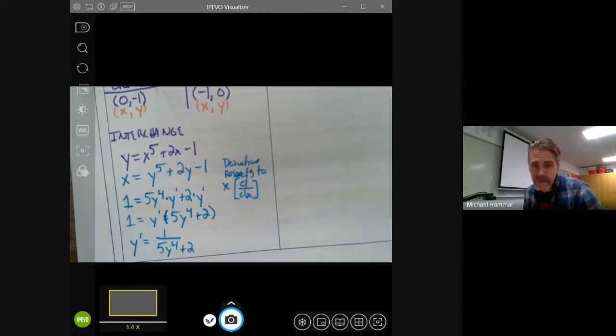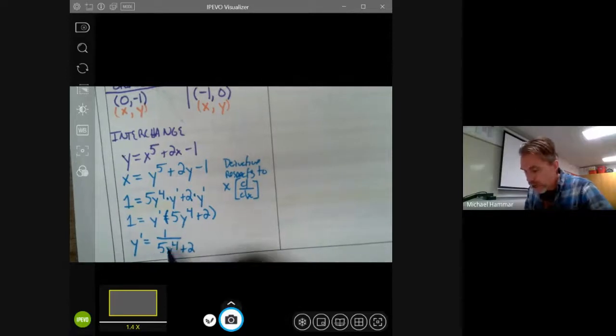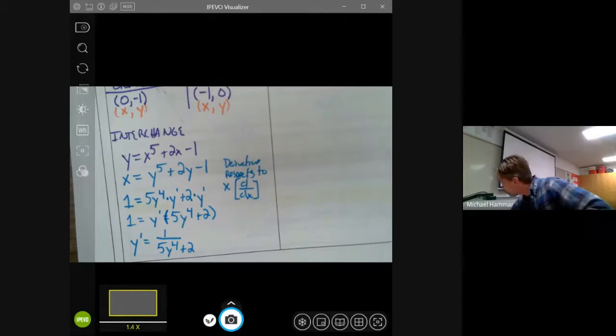When we go ahead and do that, actually, we're using our inverse point, the 0.